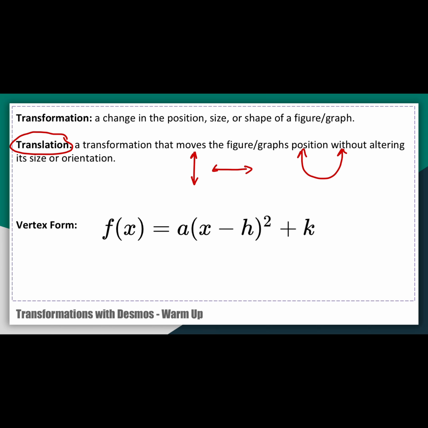Now the next thing we have is the vertex form listed here, okay? The vertex form is going to be the formula that we use to easily graph these quadratic functions using transformations. Okay, now that was a mouthful. That was a lot of stuff there. Okay, think of it this way. For linear functions, you have y equals mx plus b, right?